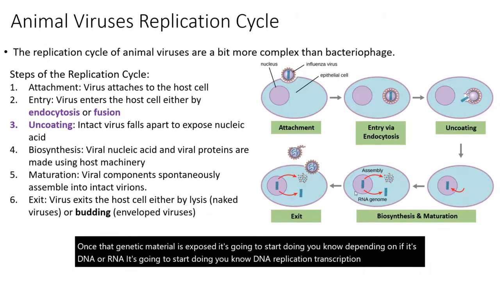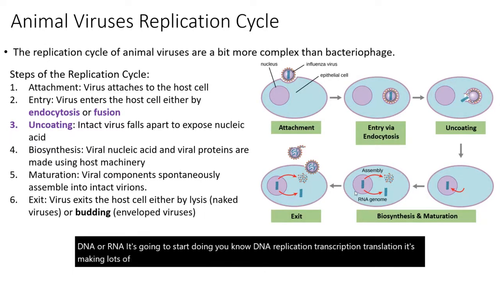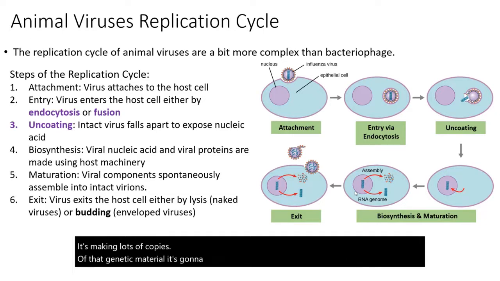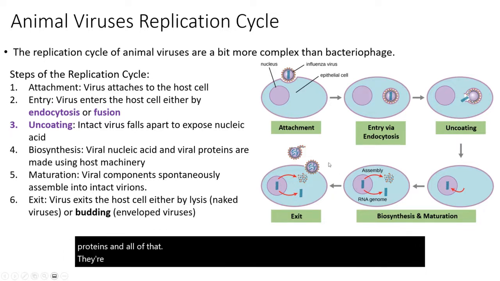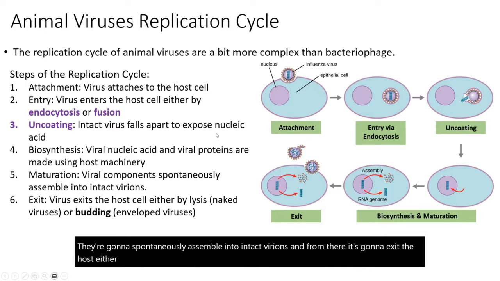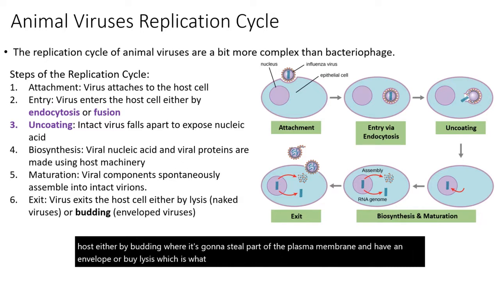It's making lots of copies of that genetic material. It's going to make lots of copies of the capsid proteins and the spike proteins and all of that. They're going to spontaneously assemble into intact virions. And from there, it's going to exit the host, either by budding, where it's going to steal part of the plasma membrane and have an envelope, or by lysis, which is what our naked viruses do.